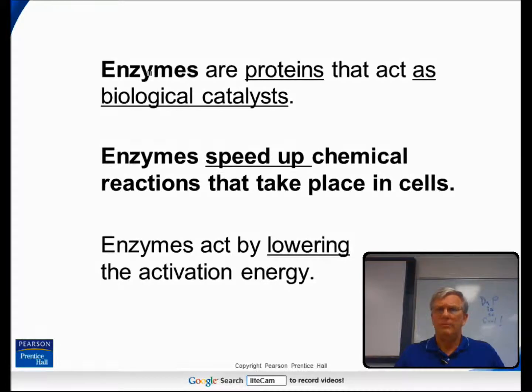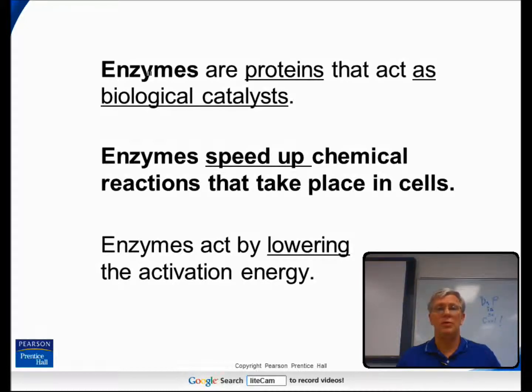In our bodies and in most living things, it's not feasible to add very much heat to get chemical reactions started. So enzymes are used as a biological catalyst to speed up chemical reactions. If you recall from our talk on proteins, enzymes are proteins, and they do just what a catalyst does.